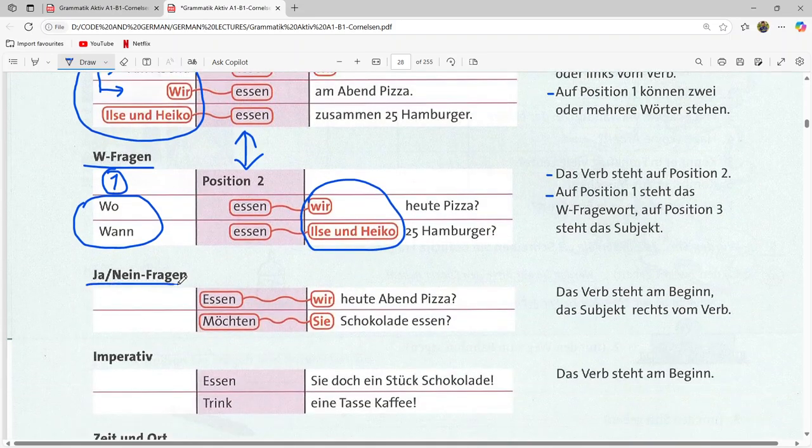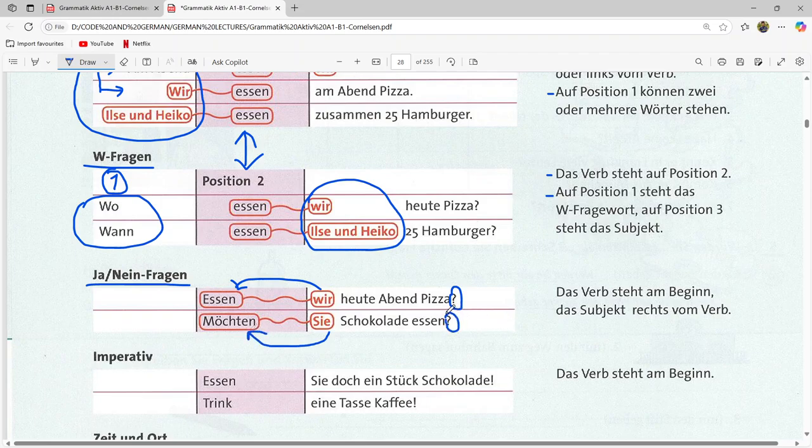The next kind of sentence is Ja-Nein-Fragen. Ja-Nein-Fragen are just simple. A normal sentence is: Wir essen heute Abend Pizza. If we move the verb from the second position to the beginning of the sentence, then it becomes a question, and that question is a Ja-Nein-Frage. The verb was in second position, we just moved it to the front and it became a question.